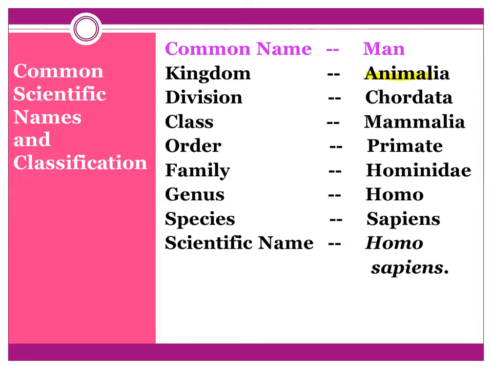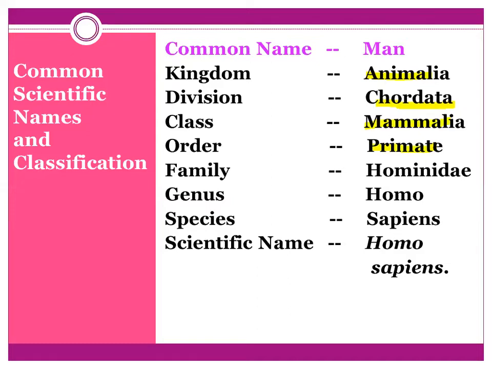Then our division is Chordata, and our class is Mammalia, meaning we all are mammals. Then the order to which we belong is Primate. Primates means all the monkeys, lemurs, human beings, and all the apes, gorillas.